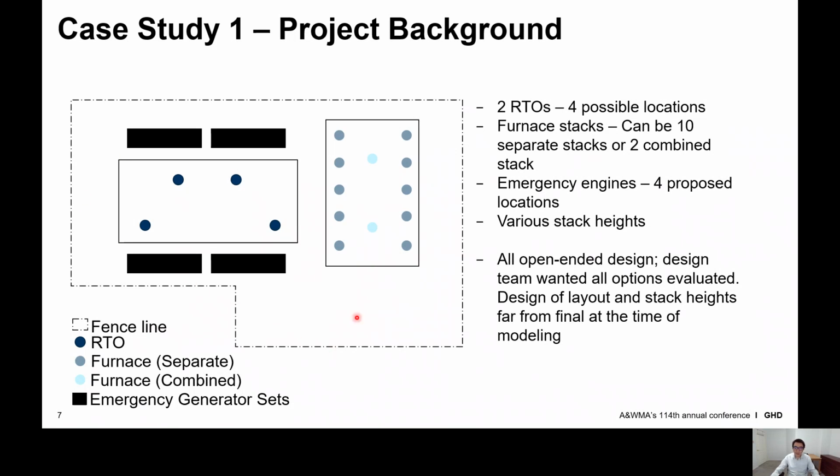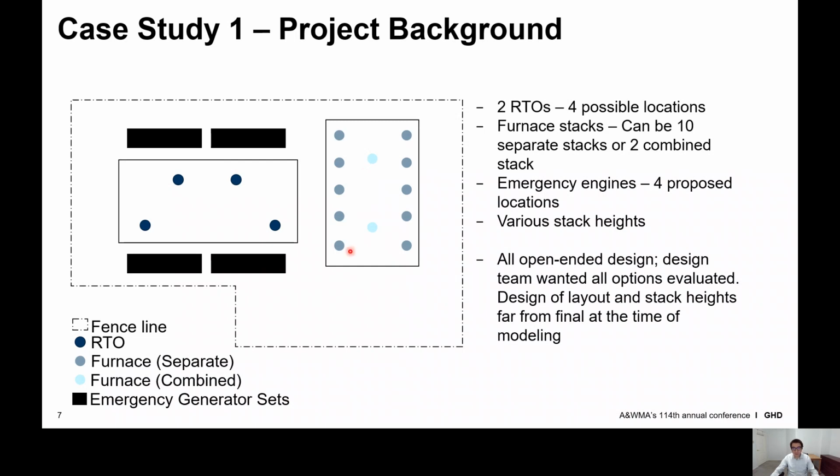And here we have 10 different furnaces melting some metals. It could be 10 separate stacks, or they could have an option to route them to 2 combined stacks with apparently higher flow rate, and therefore maybe better dispersion parameters.